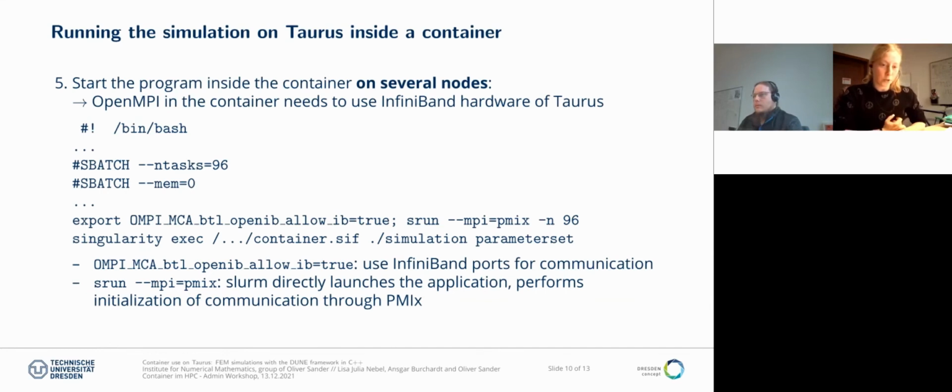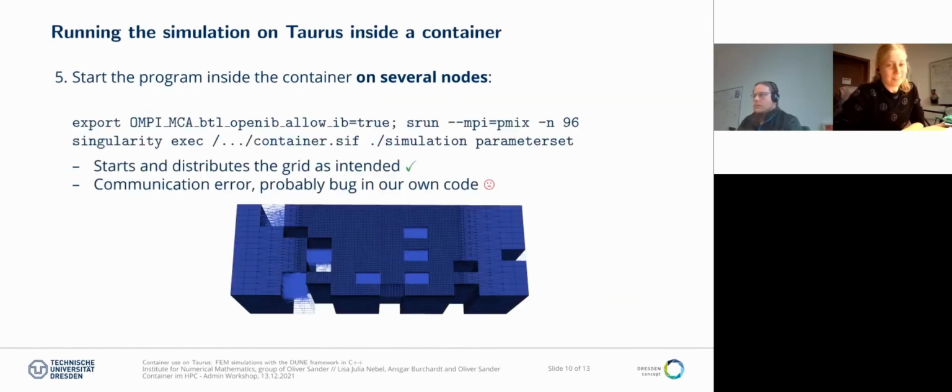And then we also told Slurm to use the PMix API to do the communication, and this long excerpt of the batch file starts and distributes the grid as intended, but unfortunately we still get a communication error during the setup of the problem and the calculations.